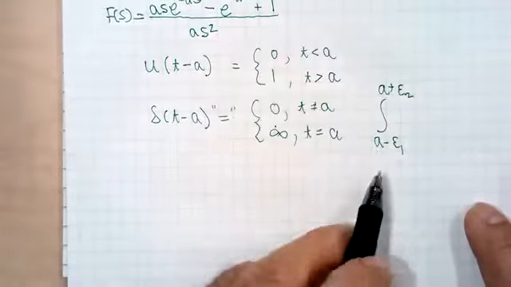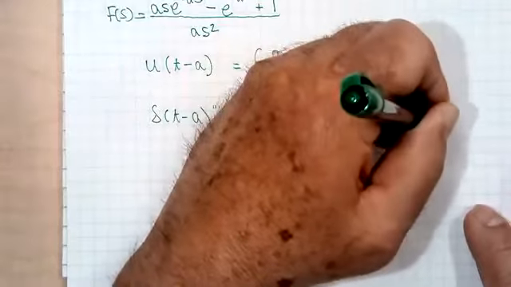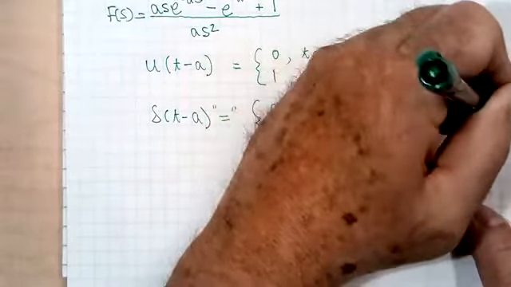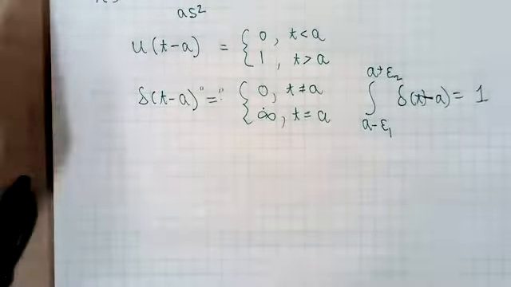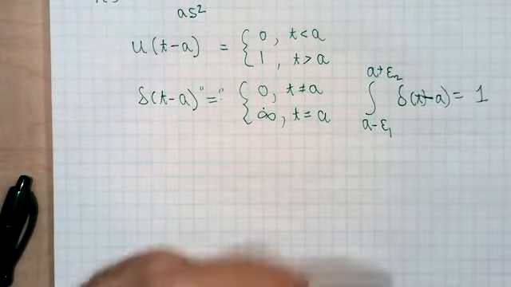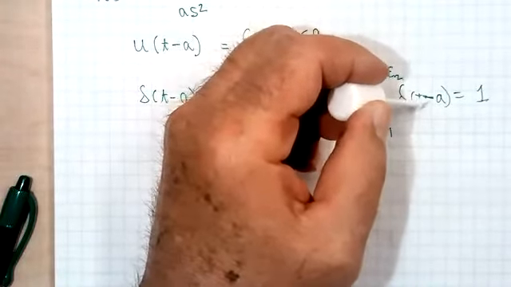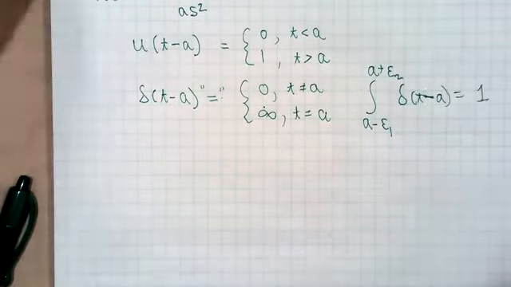So if you go a little bit to the left of a and a little bit to the right of a, no matter how small, if you integrate this thing, you get 1. Now, there's no classical mathematical function that has that property. It's 0 everywhere except one point, and then when you integrate over that point, you get 1. No, there is no function like that.